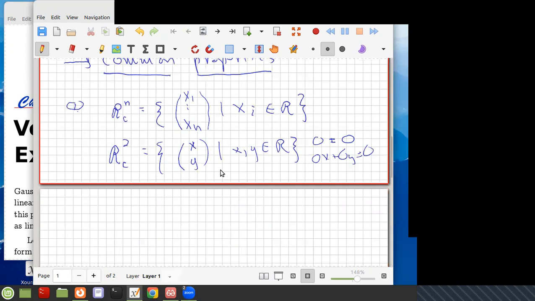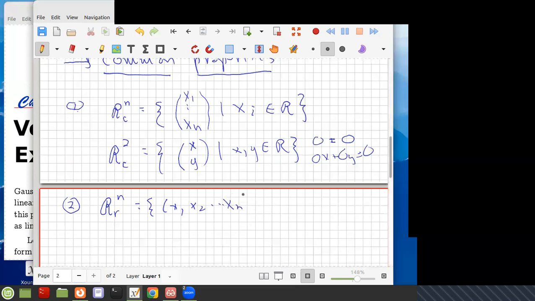And our second example, this seems like, why would this really be different? But we can put an R here and an N, and these are column vectors. And these are, of course, row vectors.